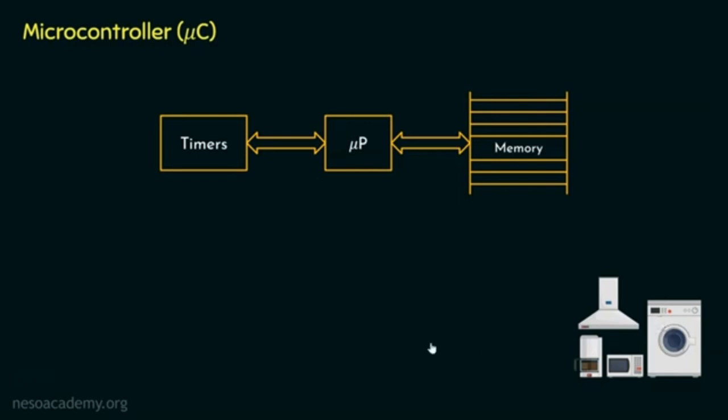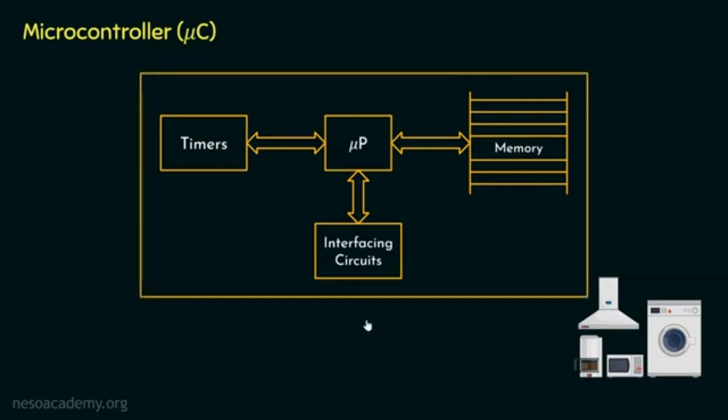That delay will be decided by the timers. Coming up next, we also have the interfacing circuits. Using these interfaces, that is these buttons on top of the machine, we interact with the microprocessor. And all of these components are placed together on a single chip, which we are calling the microcontroller.